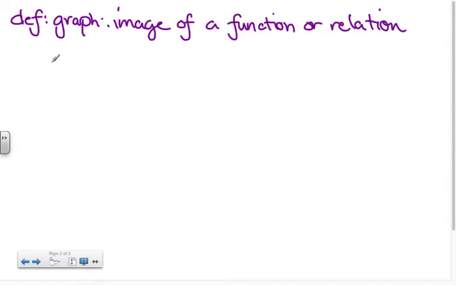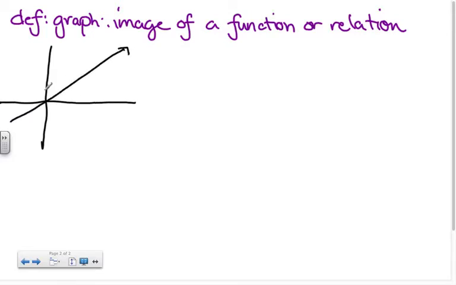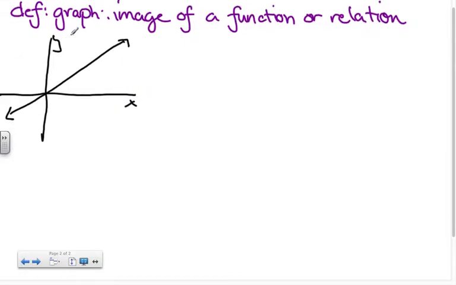So to start off with certain types of graphs, you have a graph like this, and this is called a linear graph. And of course, you guys are familiar with the xy plane by now, the xy coordinate system. These are some examples of what kind of graphs you can see.